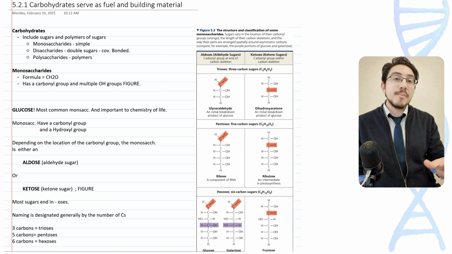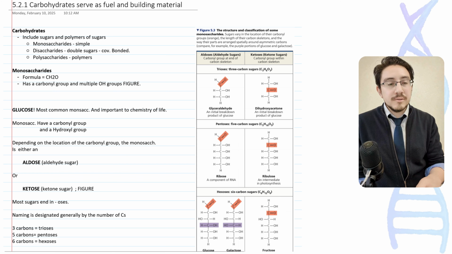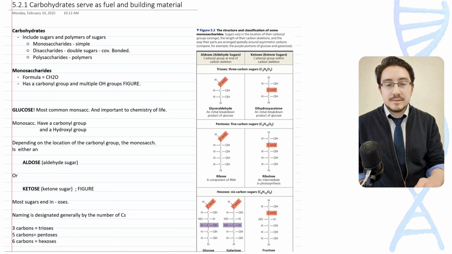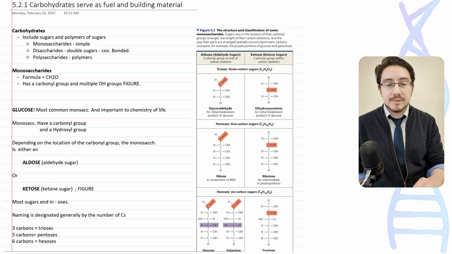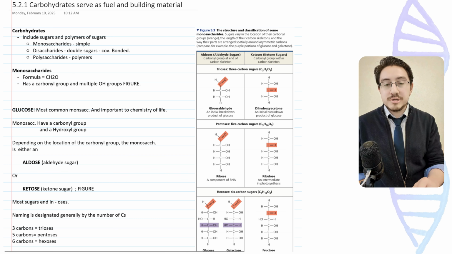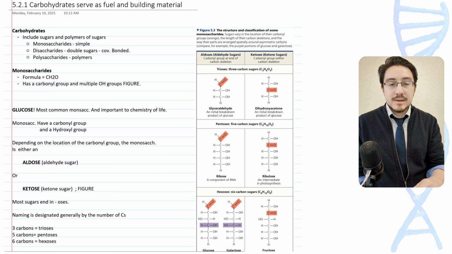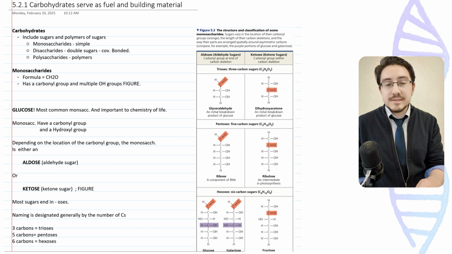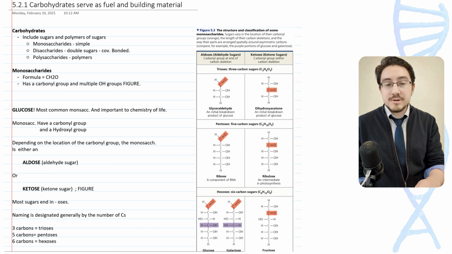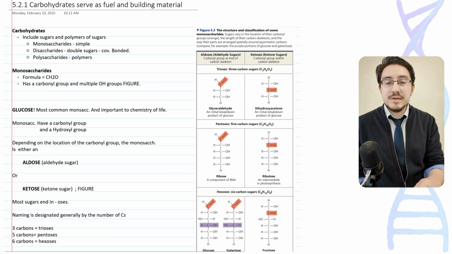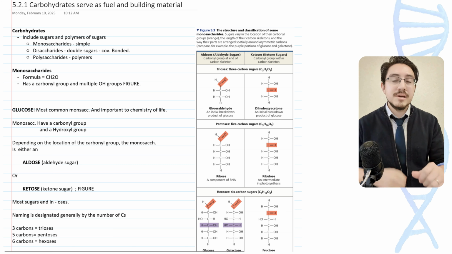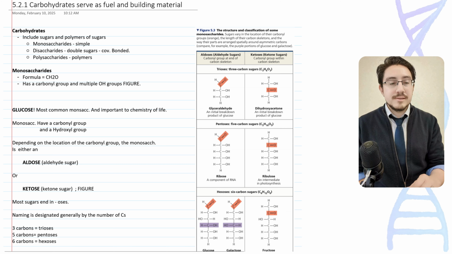Monosaccharides generally have a carbonyl group and multiple OH groups, right? So you could see here an example. Here you have a triose, which is a 3-carbon sugar, and you have this carbonyl group at the end of the chain. Anytime you have the carbonyl group at the end of the chain, you have aldoses, and you have ketoses if the carbonyl group is within the carbon structure.